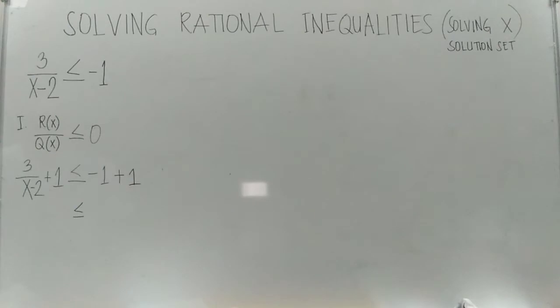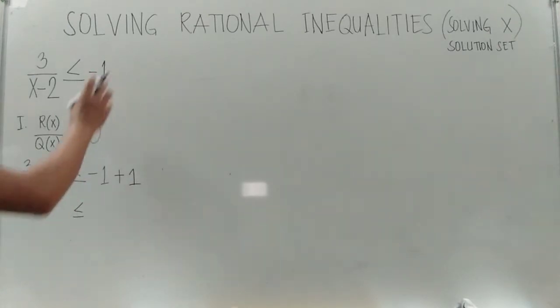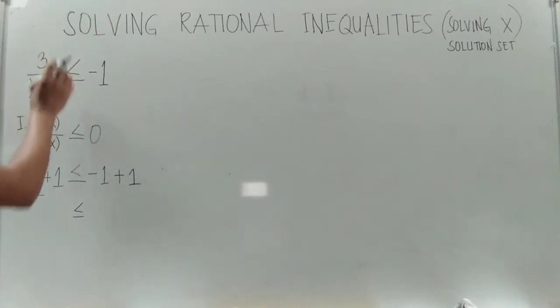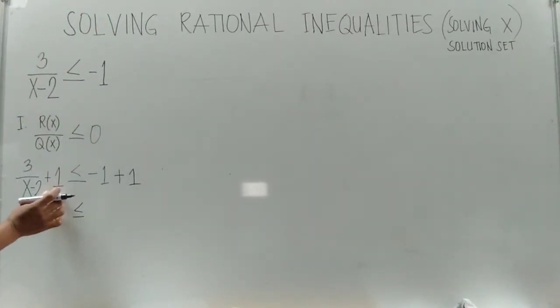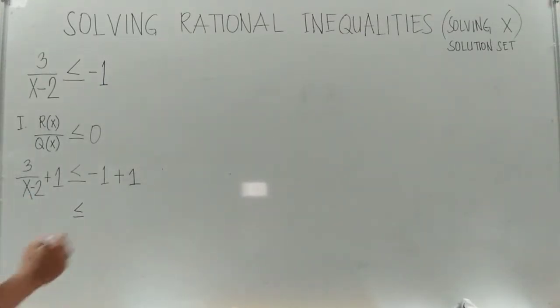Or in some cases, we are just saying that we are transposing negative 1 to the other side and it will become positive 1. Again, transposition is not a basic operation in solving rational equations and inequalities, but most of us use it for some benefits.